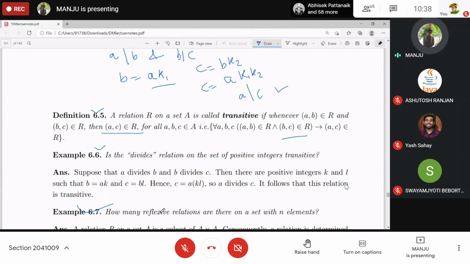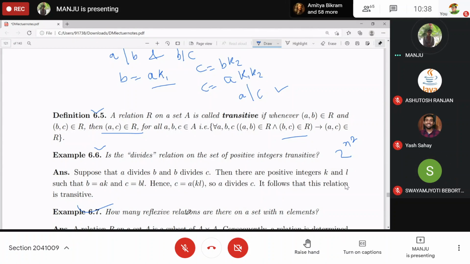If I am not asking only about the relation that is reflexive, the total number of relations will be 2 raised to the power n square, since A cross A has n square elements. So out of that, how many are reflexive?